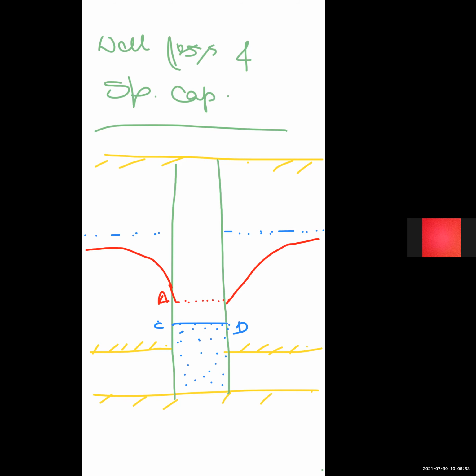This point is A, this point is B. So this level is SW and this is the S, where S is equal to C1Q.